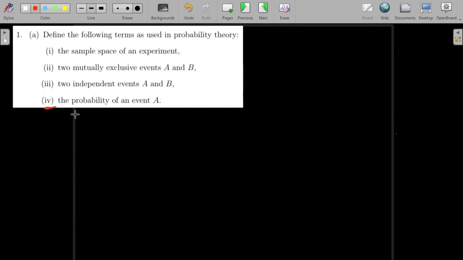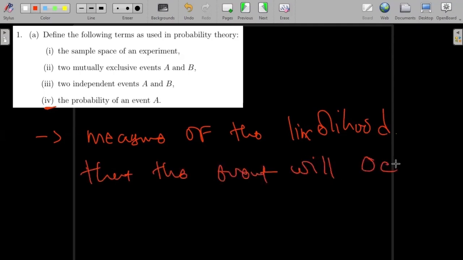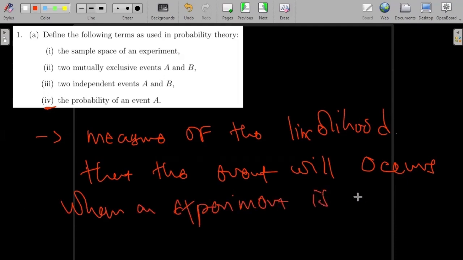Okay, so the probability of an event A is simply the measure of the likelihood that the event will occur when an experiment is performed.